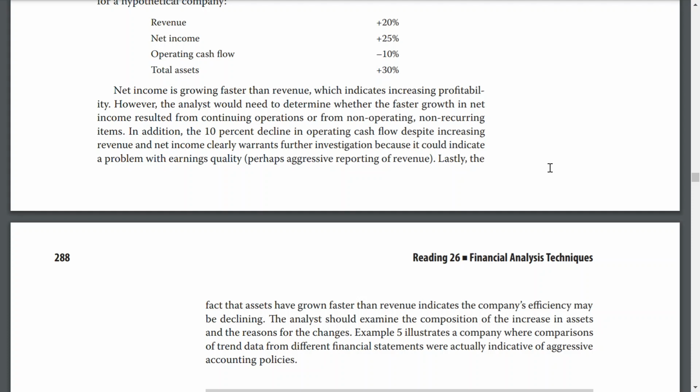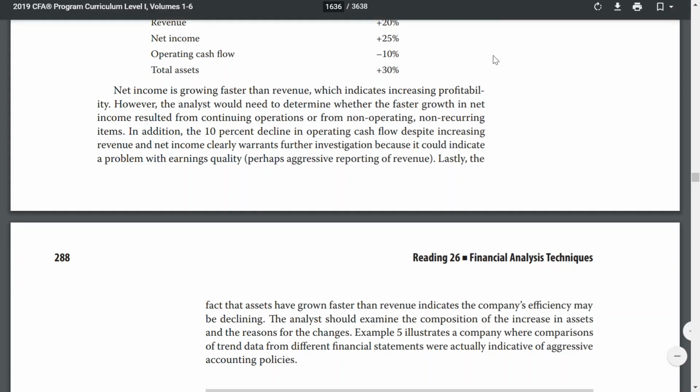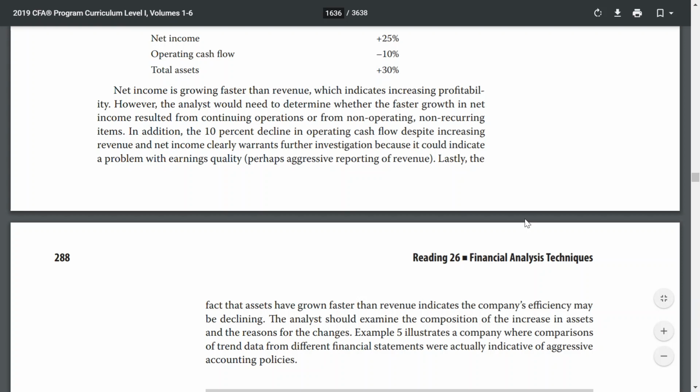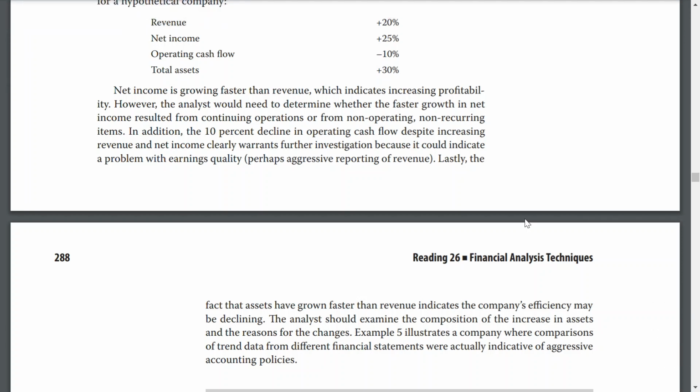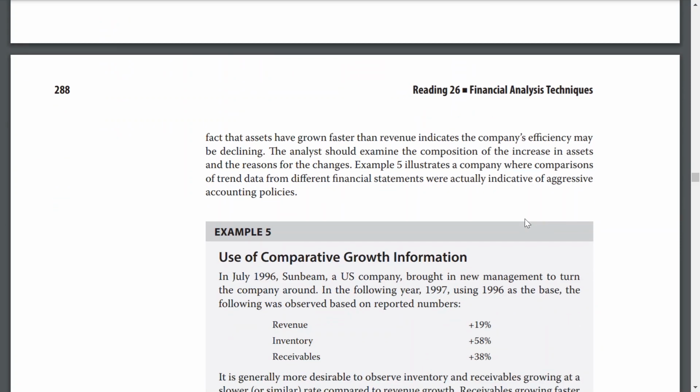In addition, the 10% decline in operating cash flows despite increasing revenue and net income clearly warrants further investigation because it could indicate a problem with earnings quality. Lastly, the fact that assets have grown faster than revenue indicates the company's efficiency may be declining. The analyst should examine the composition of the increases.